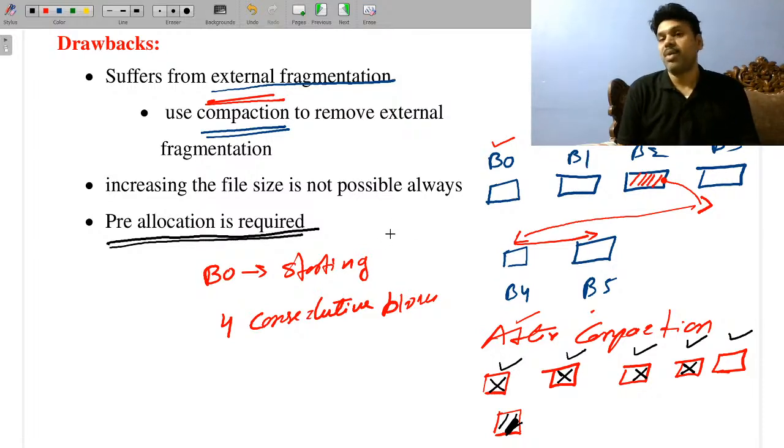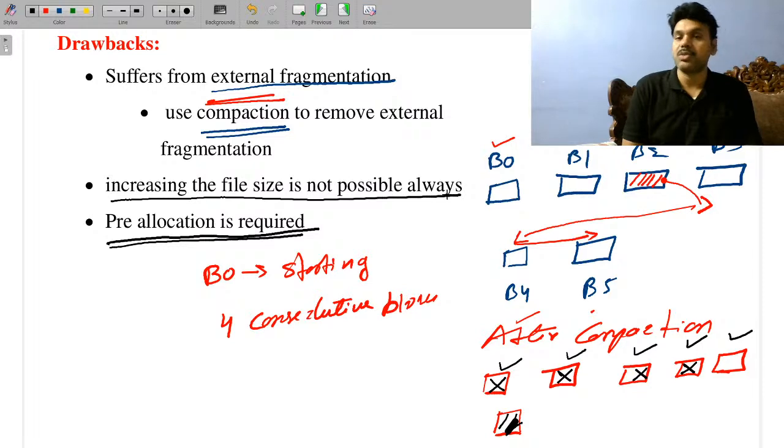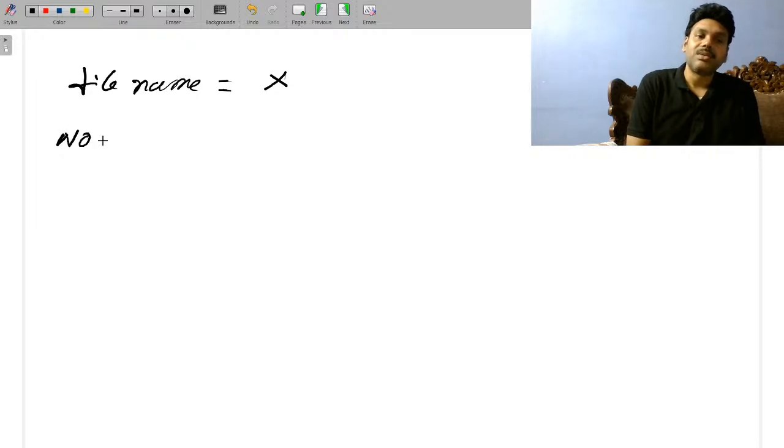What is your file name? What is your starting block? And how many blocks do you require? That's why increasing the file size is not always possible. Please understand this example. As far as the previous example is concerned, my file name is X, and immediately it will ask you the number of blocks you need.